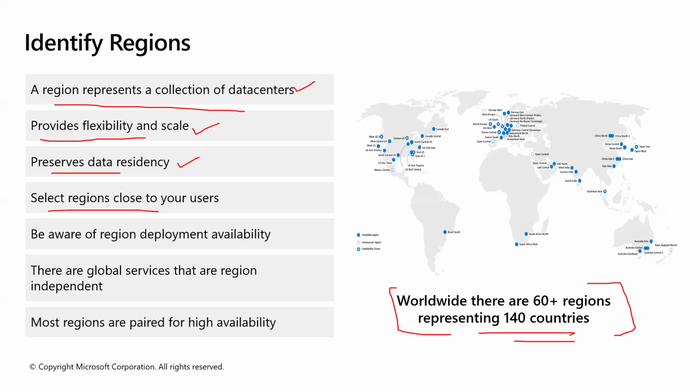Select regions close to your users. Be aware of region deployment availability, as some regions do not have availability sets or availability zones. There are also global services that are region independent, like Active Directory and Traffic Manager. Most regions are paired for high availability. If one goes down, I use the paired region for disaster recovery.